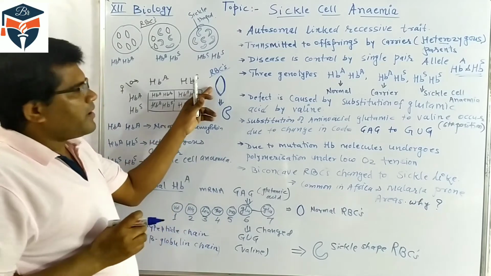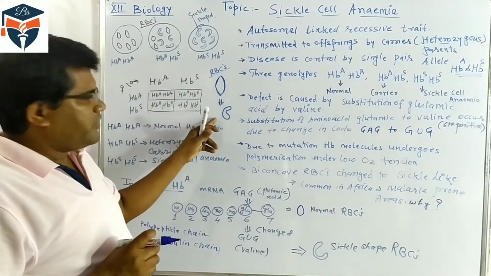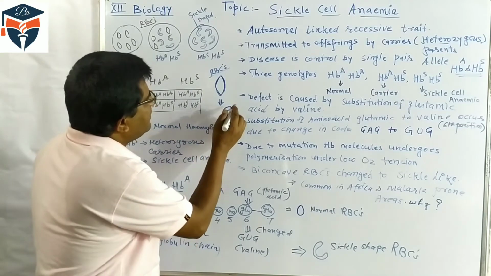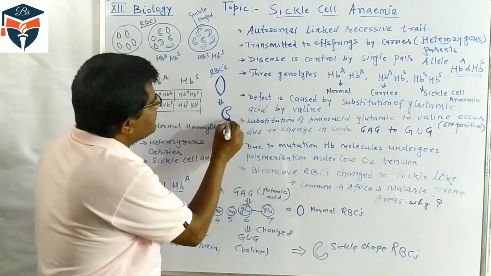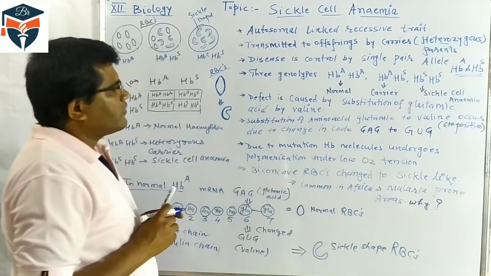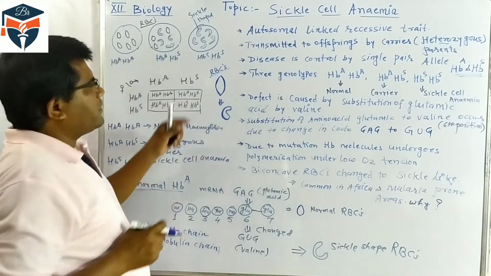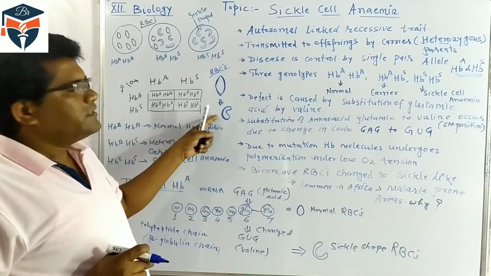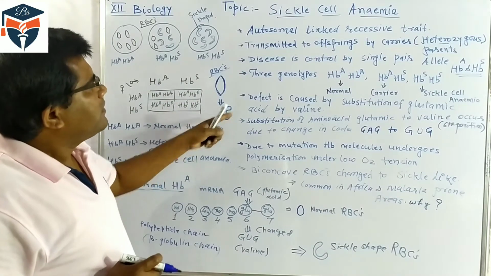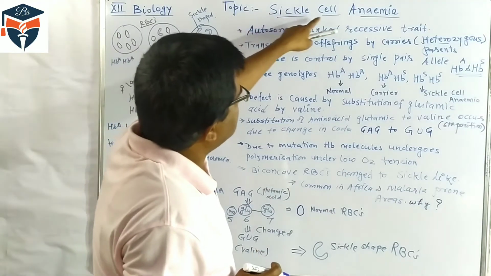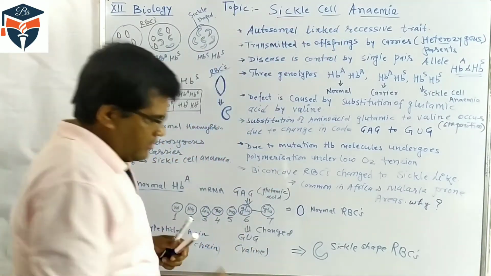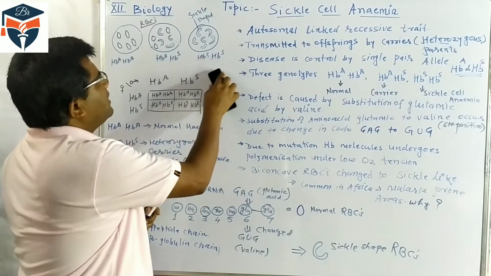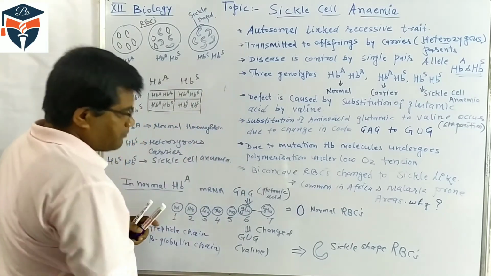But in this disorder the shape of the RBC is changed and it forms a sickle-like structure, and this disorder is called sickle cell anemia. So we have to discuss the sickle cell anemia disorder.